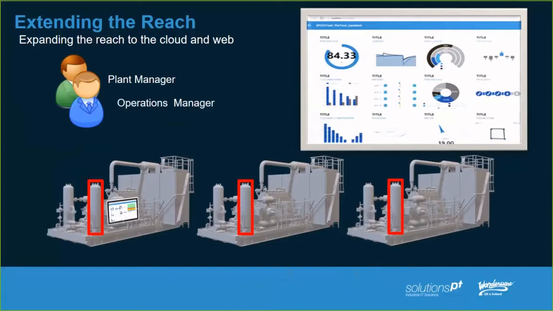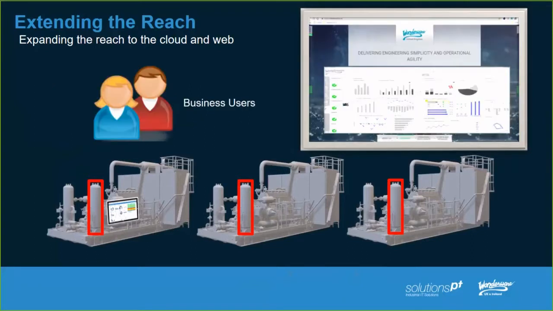They're not really interested in the process. What they want to know is how the machinery is performing in the background. So if we could provide them KPI information about the equipment and how they can see that in an easy access web portal without having to go down to the plant to see that data.